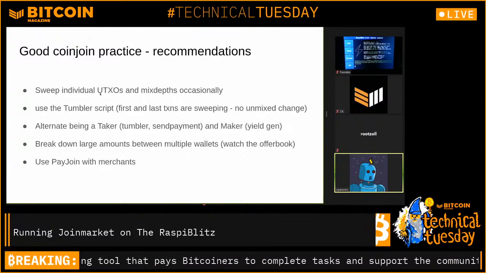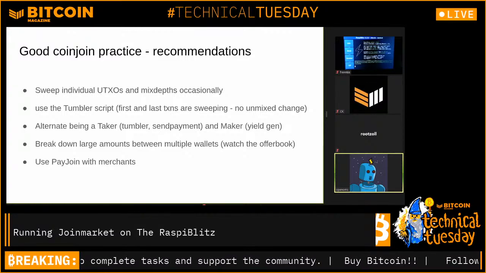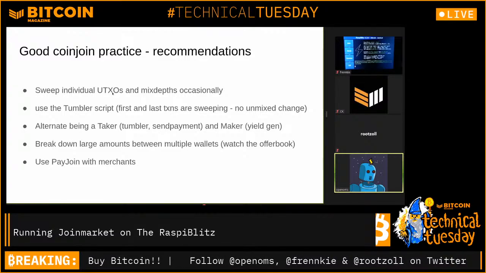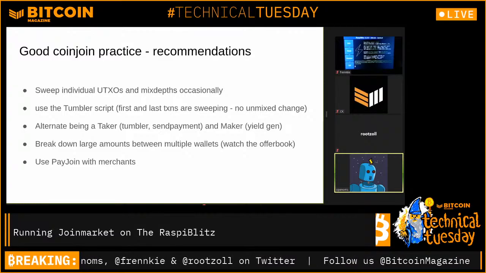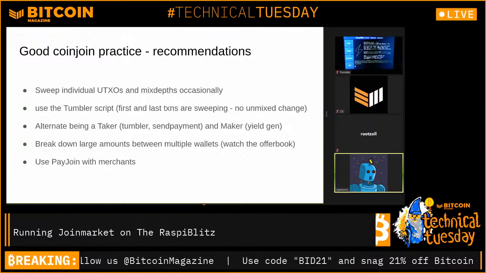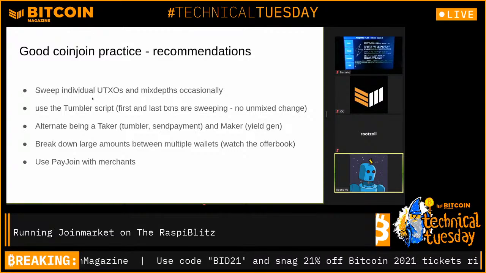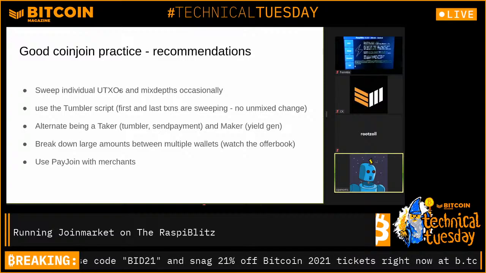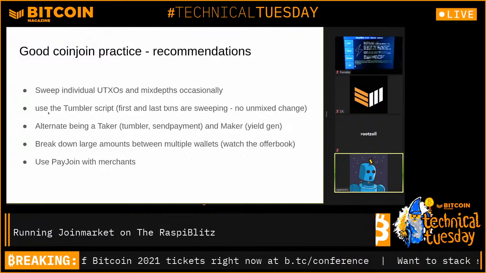And sweeping means to spend it without creating change, right? So you can do a coin join without any change, and basically break the links from the history of the UTXO with quite a good method, a sweeping transaction.